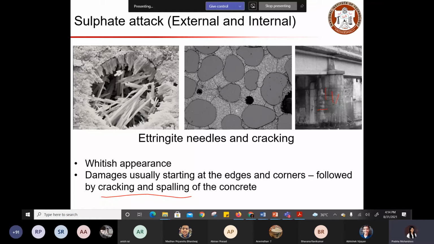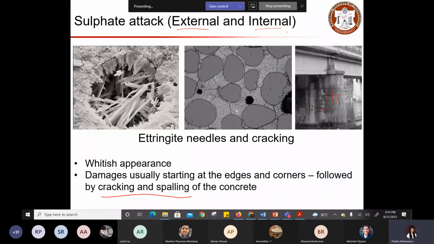When you have such sulfate attack, basically the external sulfates react with the hydration products, and that leads to deterioration. This is one thing that comes under the external category, and another that could come under the internal category is unreacted sulfates in your concrete. Those could react at a later stage once your concrete has hardened, and that will lead to the formation of ettringite.